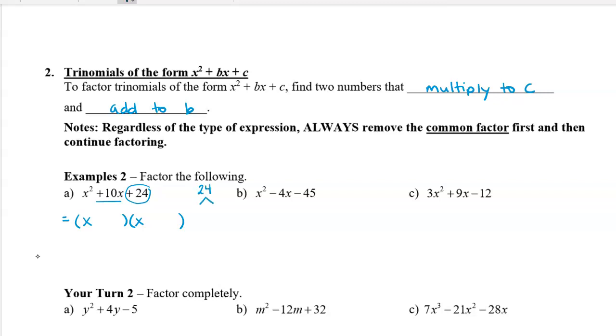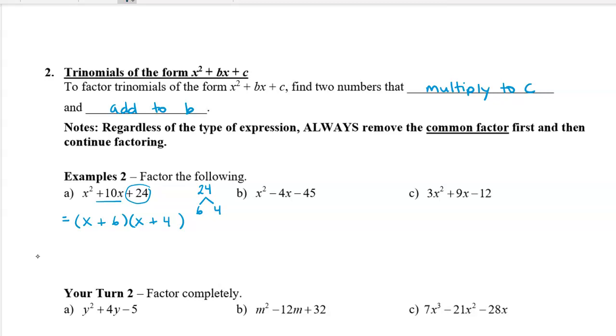The two factors that do that are 6 and 4. 6 times 4 is 24, and 6 plus 4 gives me the middle coefficient, which is 10. So these two numbers get placed inside the brackets as x plus 6 and x plus 4.